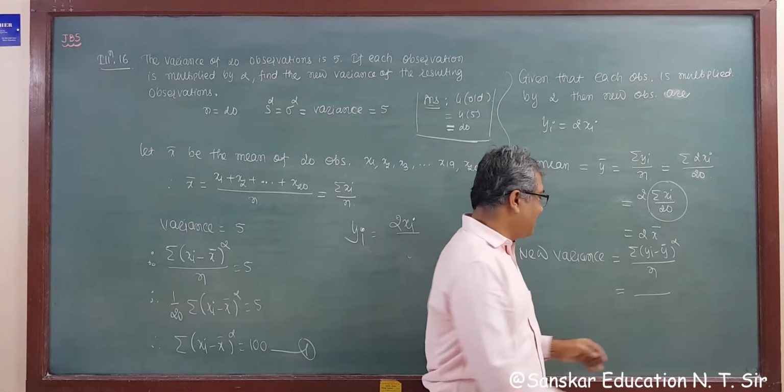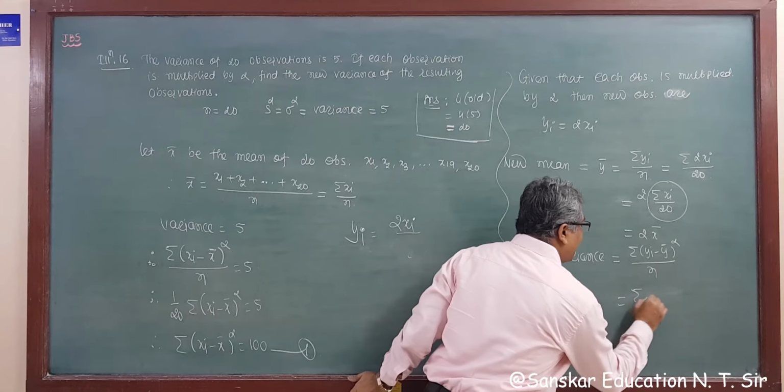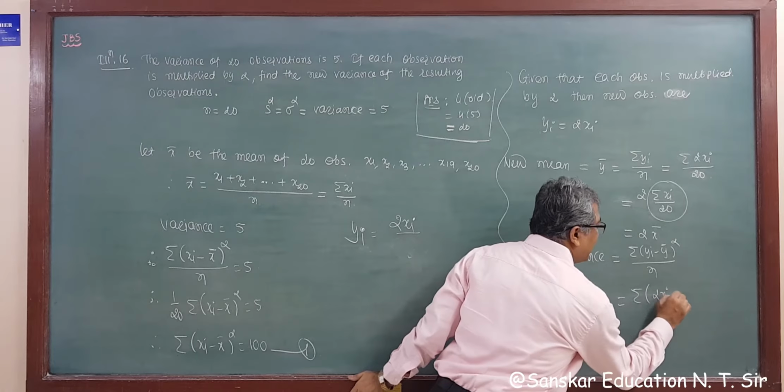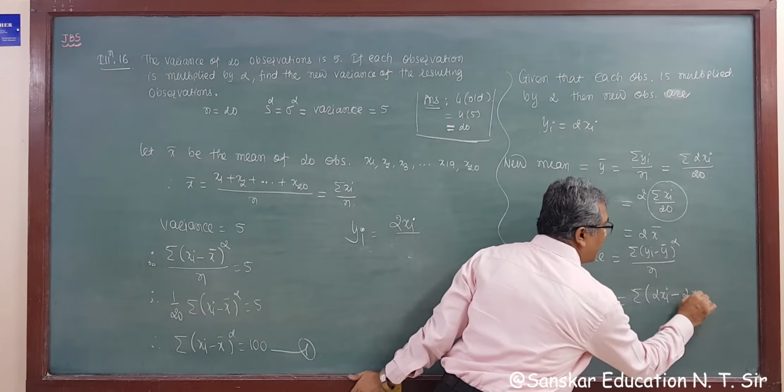So now yi is 2xi, so we are writing here 2xi. For this, yi is 2xi and y bar is 2x bar. So this is sigma 2xi minus 2x bar whole square upon n, that is 20.